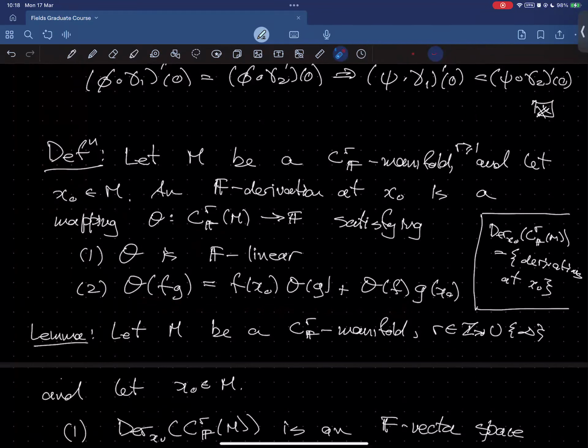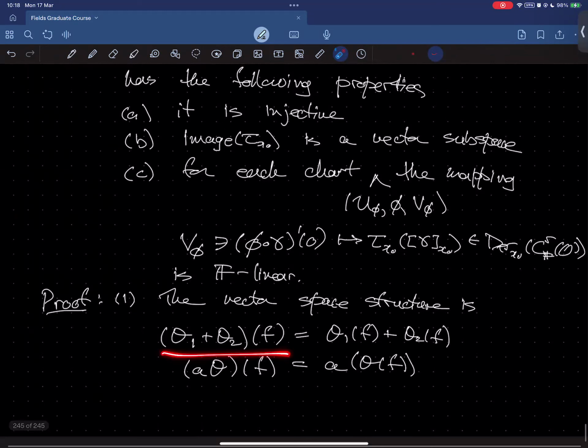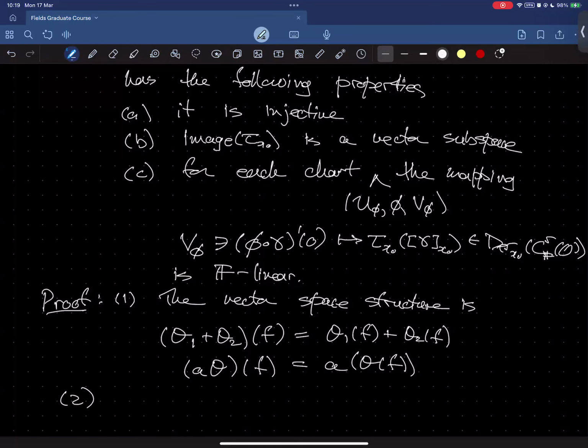The only thing that would make sense here would be theta of f, theta of g, but that's not a derivation. So I often say, once you write this down, this is the only possible definition, but you have to be careful with that kind of reasoning.